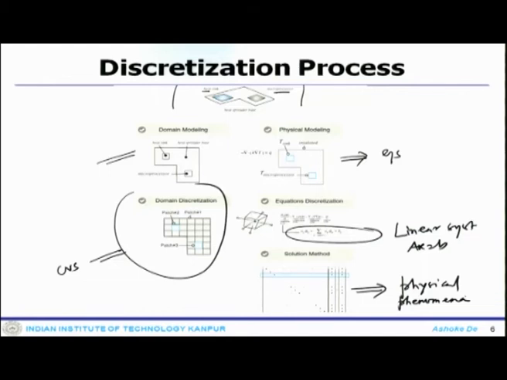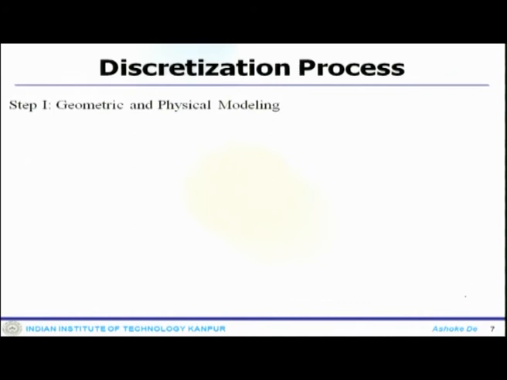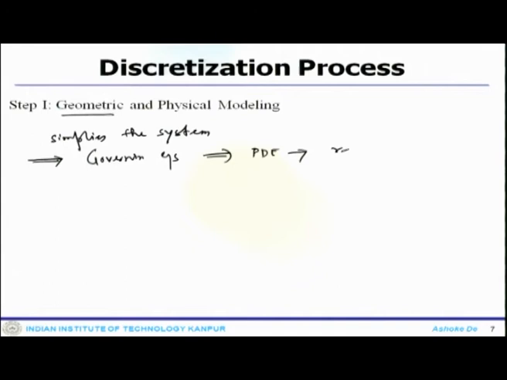Now if you look at the geometric and physical modeling, what we are doing actually simplifies the system, then it takes care of the governing equations, that means the PDEs which represent the physical phenomena.